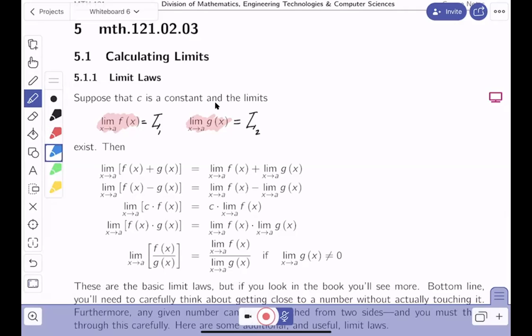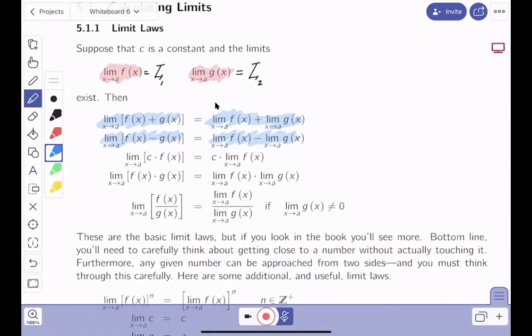They're going to say the sum of these two functions, when you take the limit of it, is just the sum of their individual limits. So you're adding these two together, and you can separate into two separate problems. Difference, you can also separate into two separate problems. All right, let's keep going.